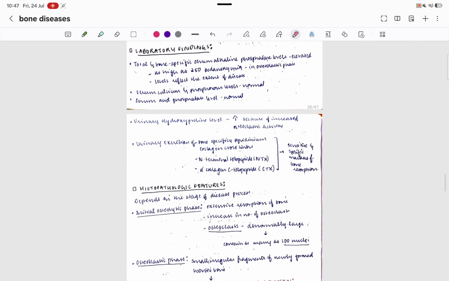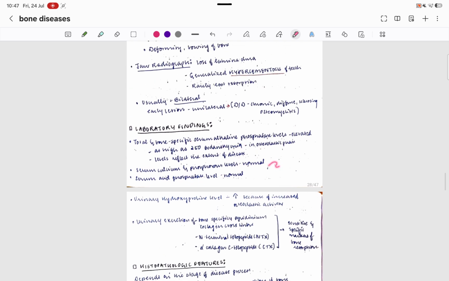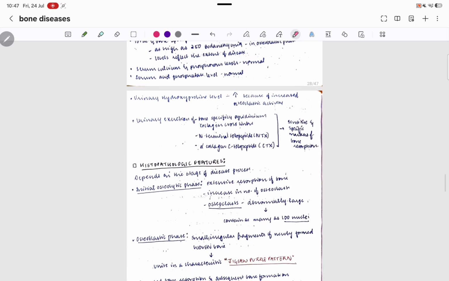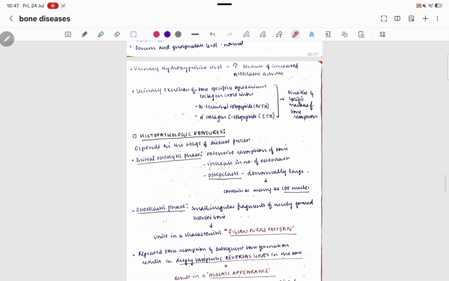You do not have to write this part, you can skip it. Okay, serum alkaline phosphatase levels are elevated and serum calcium levels are normal. Those are the two things that you need to know.